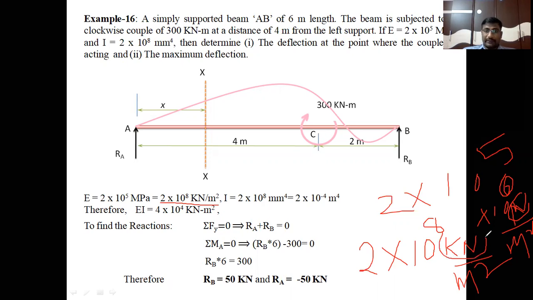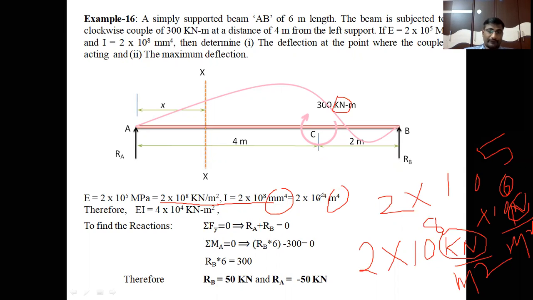Why are we converting to kilonewtons? Because the load or couple is in kilonewtons, kilonewton meter. That's why I'm converting to kilonewtons per meter square. Then the I value given is 2 into 10 to the power of 8 millimeter power 4. If you convert millimeter power 4 into meter power 4, we must multiply it with 10 to the power of minus 12.